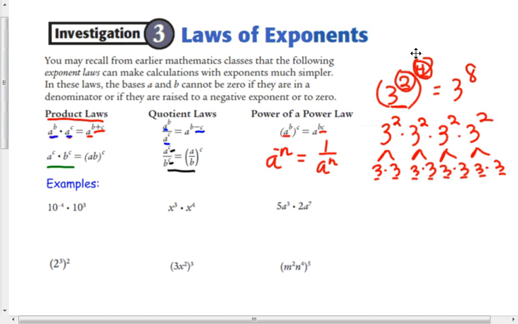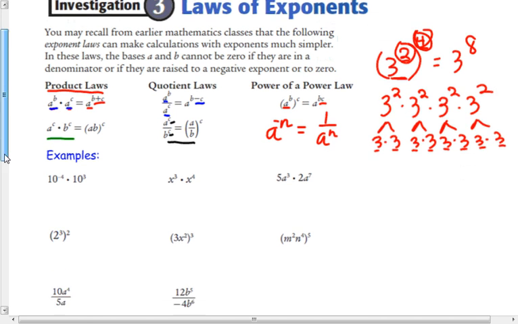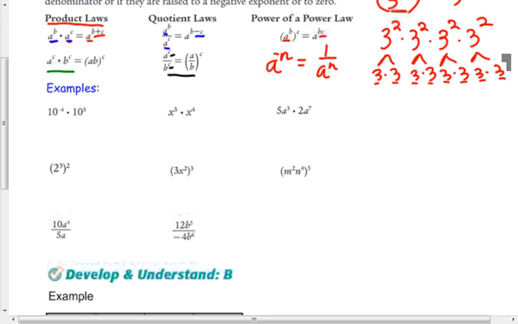All right, let's do a few examples here. So the first one says 10 to the negative 4th times 10 to the 3rd. Notice we have the same base. So the property I should use here is this product law, which says if you have the same base, you can just add the exponents. So I can just write this as 10 to the negative 4th plus 3.